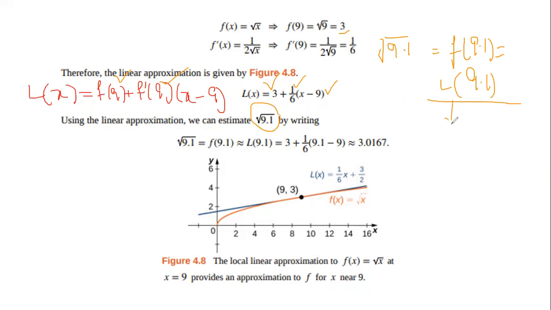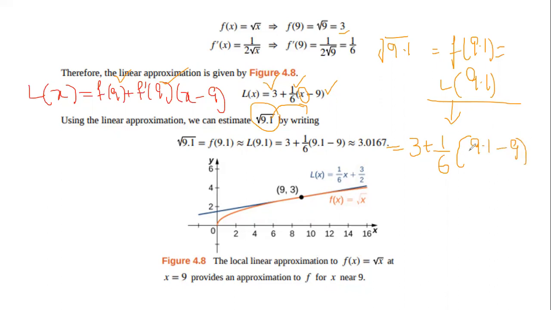This value equals 3 plus 1 upon 6 times, and now I have to replace my x with 9.1, so 9.1 minus 9.